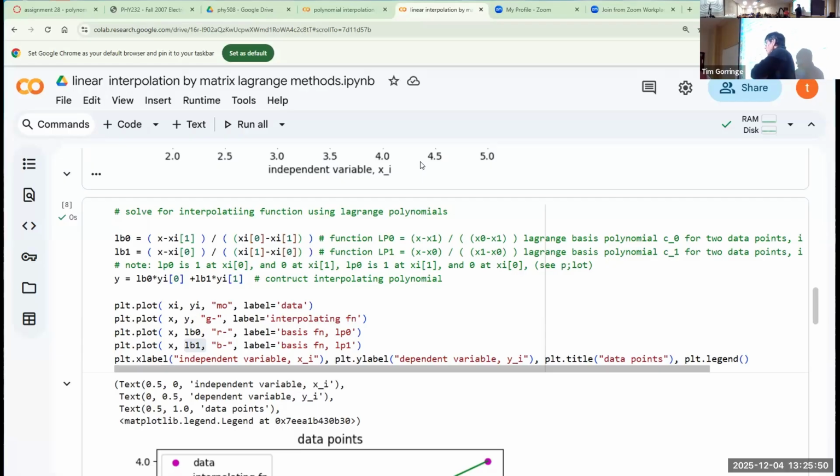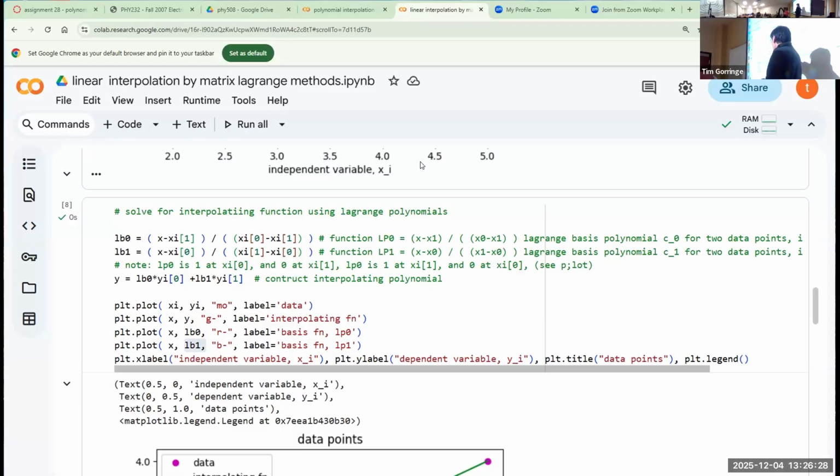Yeah. How computationally intensive is this, compared to the matrix approach? Yeah, so that's a very important question, actually. One reason that you might prefer the Lagrange basis polynomials over the matrix algebra approach is if you have a very large number of data points. Then in the matrix approach, you are constructing a very large matrix, doing large matrix multiplication.